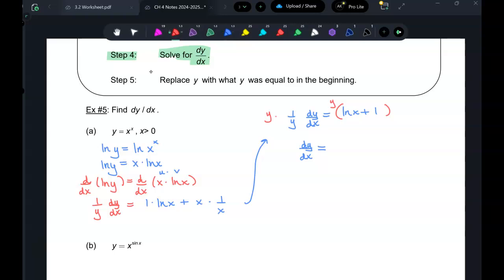I'm going to just write this as x to the x times natural log of x plus 1, because I want to have everything in terms of x on the right side, because that's how it started out. That last step is easy. You do not need to distribute this at all. It's not going to really help you.